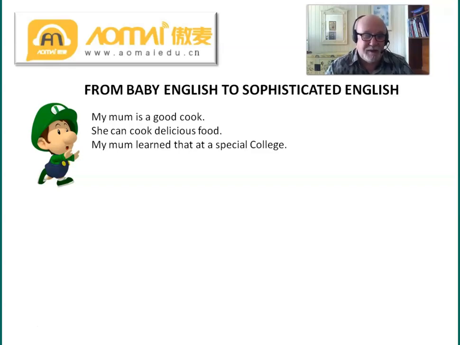Okay. Now, there's nothing particularly wrong with this, but we can see the person who said this is thinking in 3 different stages. 3 pieces of information. Mum's a good cook. She makes delicious food. She learned how to do that at a college.